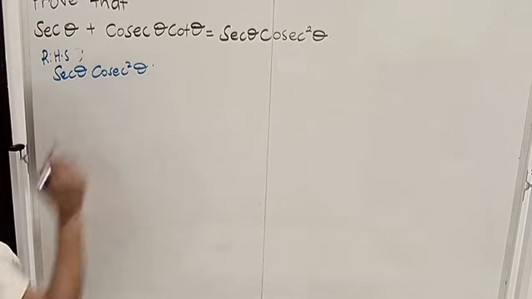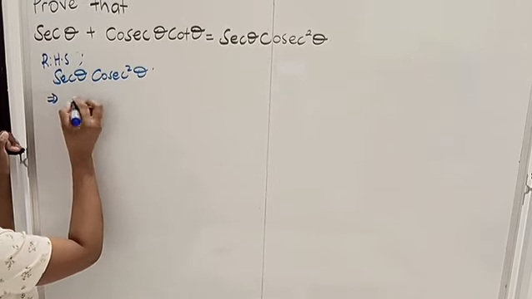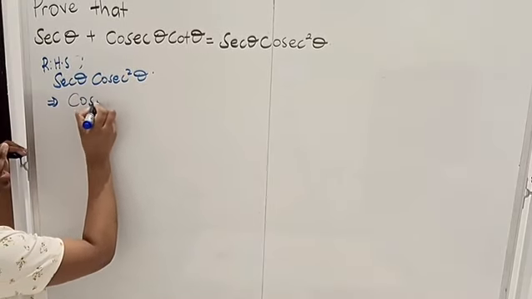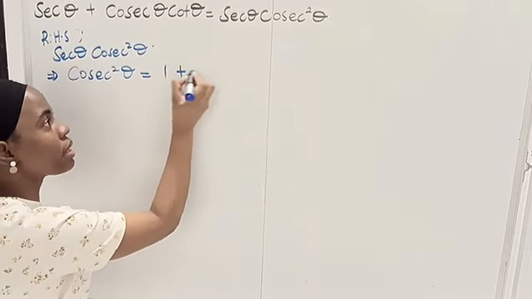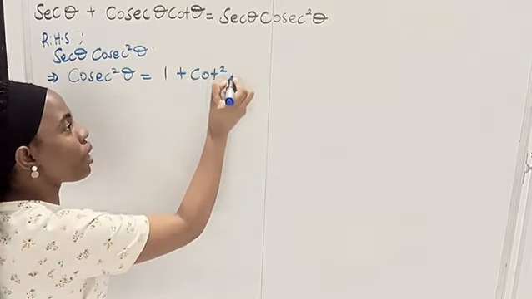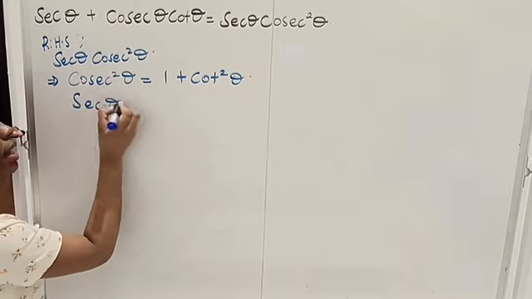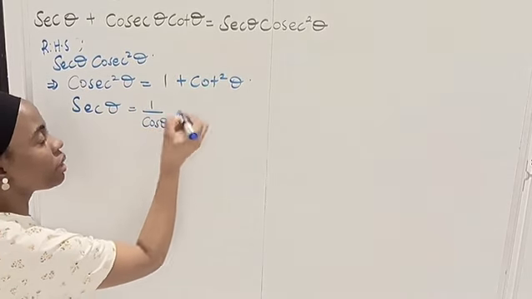I'm going to use an identity. We know that the third Pythagorean identity states that cosec squared theta is equal to 1 plus cot squared theta. And we know that sec theta is equal to 1 out of cos theta.